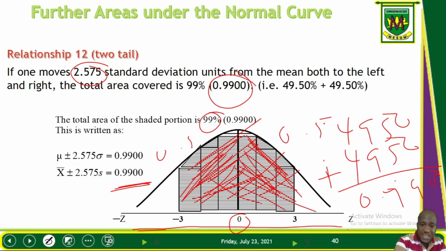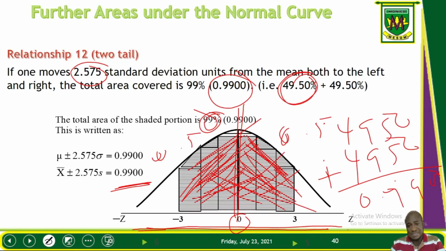Since the curve is symmetrical, when we divide it into 2, you have 2 equal halves, so each half will be 0.5. So if after covering both sides the value is 0.4950 for either side, then of the total area under the curve, which is 100% in percentage terms, we have covered 99%, and for one side we will cover 49.50%.